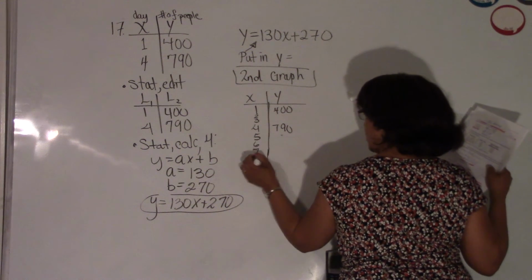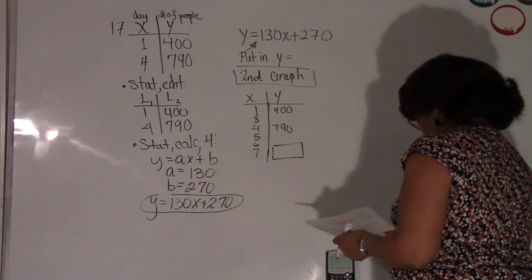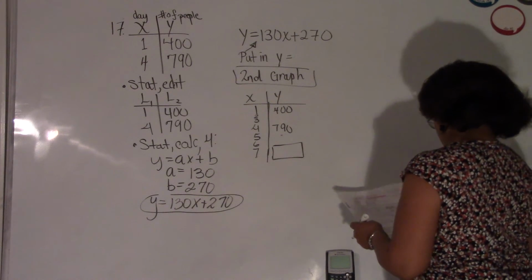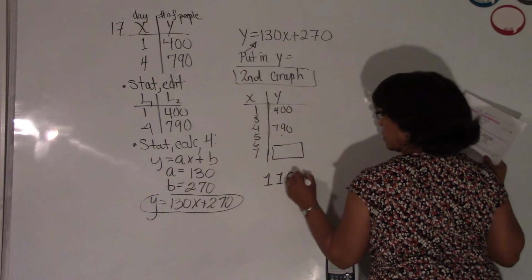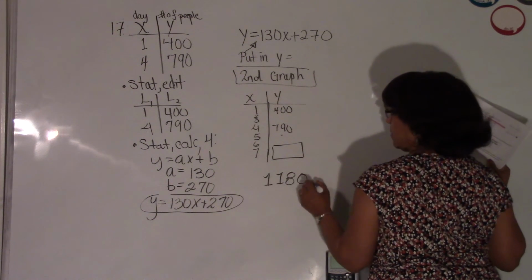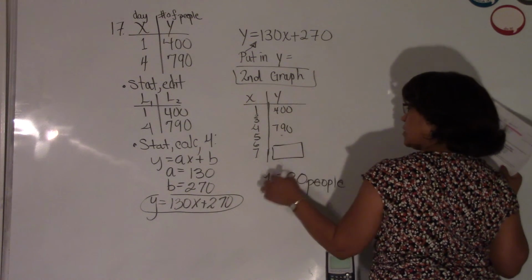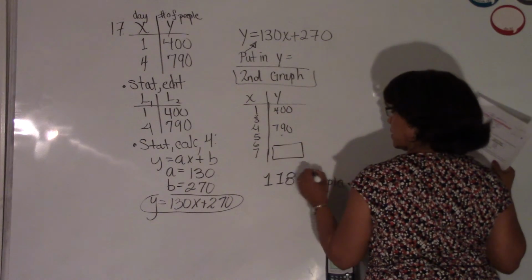On day 7, we want to know what we have right here. When we do that, we find out that on day 7, we have 1,180 people, because when x is 7, y is 1,180.